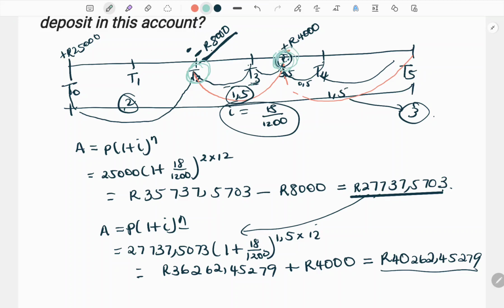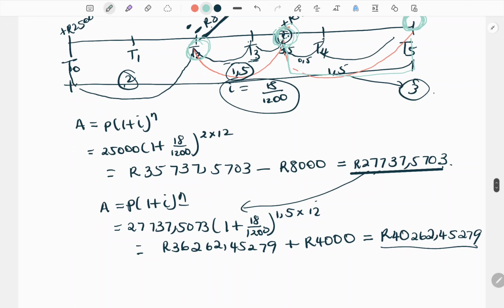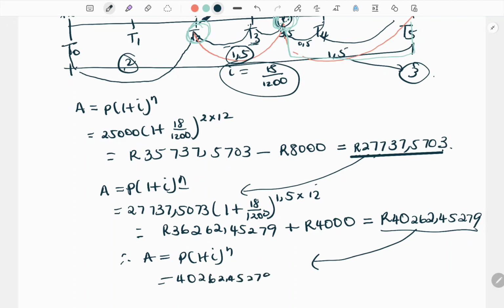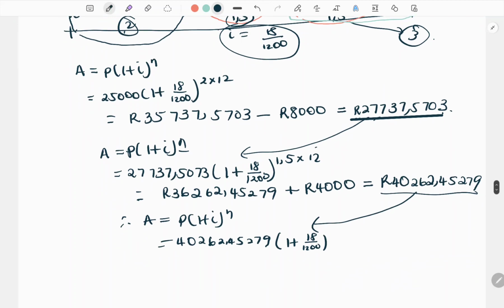It's a new value. Then you use this last value to go to the end of 5 years. So you're going to say what? Therefore A is equal to P(1 + i)^n. You're going to use that value, 40,262.45279. 1 plus 18 over 1,002, exponent of what?